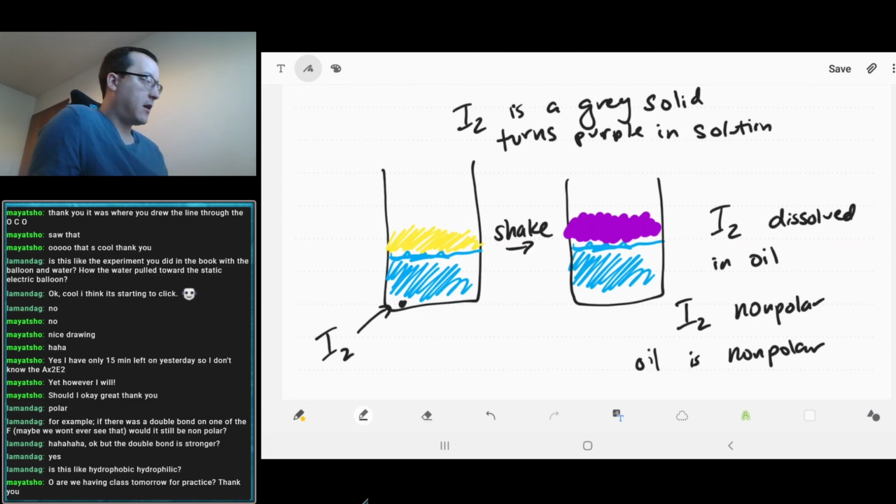Medically, you probably have heard of iodine as something to help sterilize or sanitize, rather, skin or whatever. Betadine is an iodine-based disinfectant. You're going to see that iodine is typically dissolved in ethanol. Or it's got something else in it, like potassium iodide, to help convince the iodine to dissolve in the water.